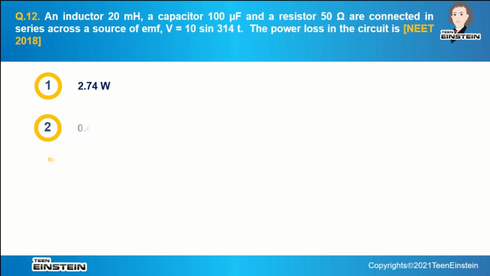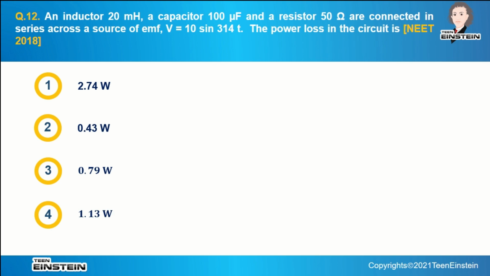Okay, so the next question is, an inductor of 20 mH, a capacitor of 100 microfarad and a resistor of 50 ohms are connected in series across a source of EMF V is equal to 10 sin 314t. The power loss in the circuit is.